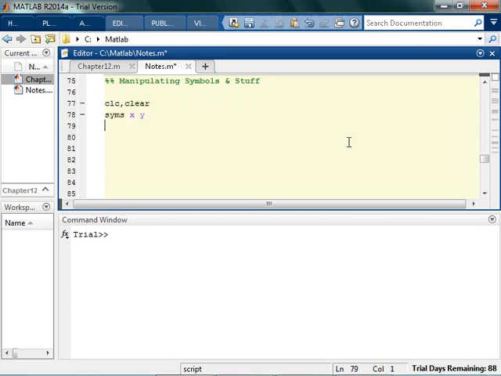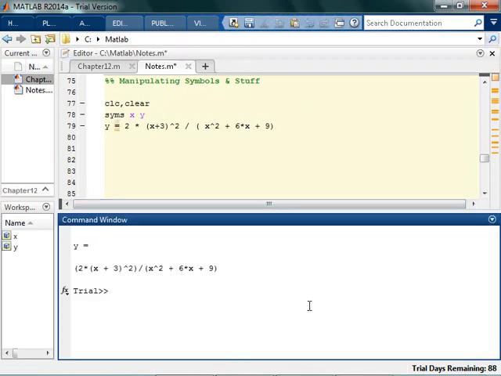syms x y. Let's do y is equal to 2 times (x plus 3) squared divided by x squared plus 6x plus 9, right? And you're like, woohoo, I got something amazing.